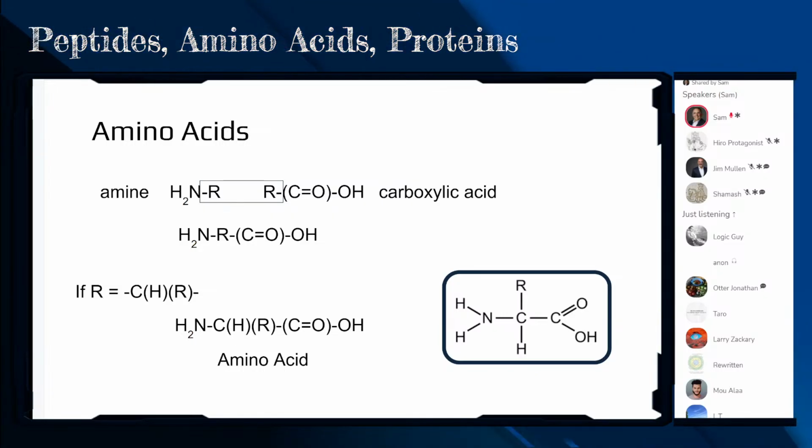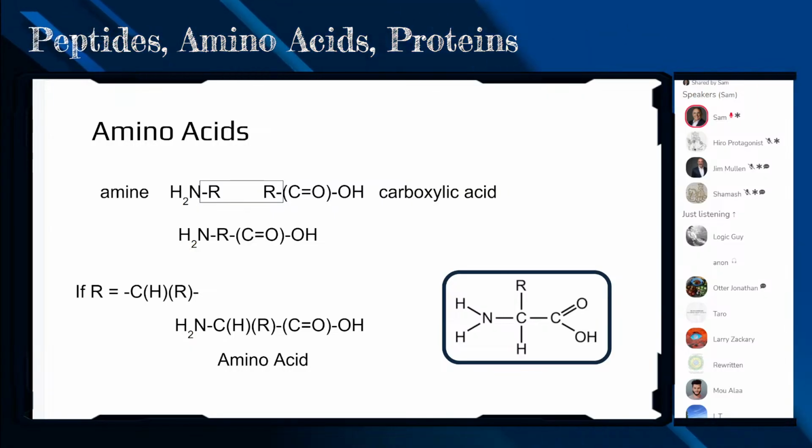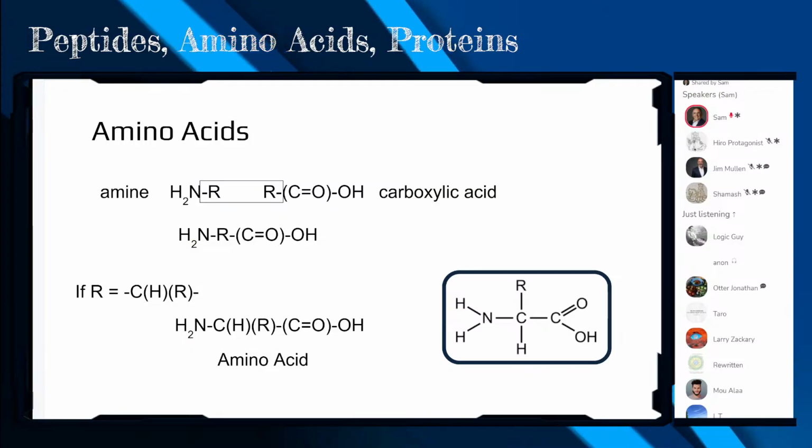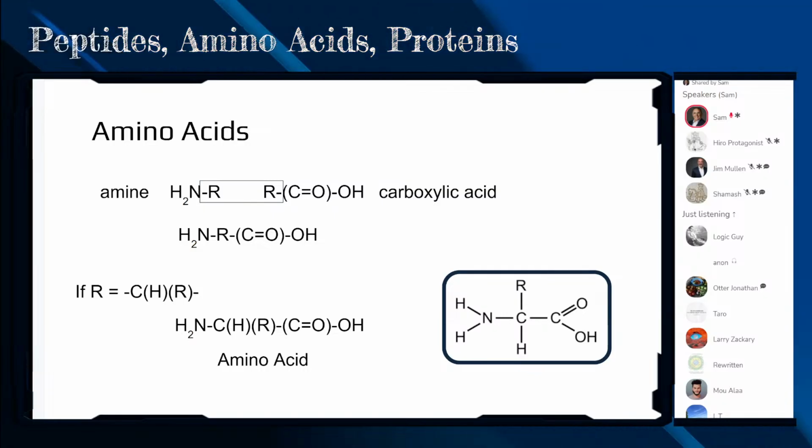So I would have H2N, the amine that came from the amine molecule, then R, whatever it is in the middle, and then COOH, the acid of the carboxylic acid. Now, if that R group in the middle is a single carbon that has a hydrogen and another R group attached to it, then we have what's called an amino acid.